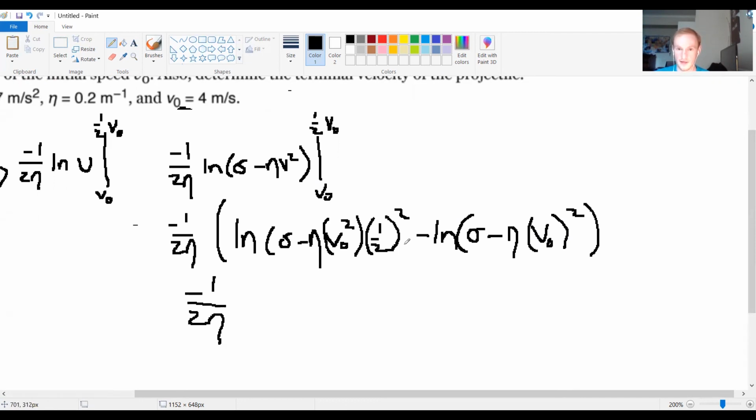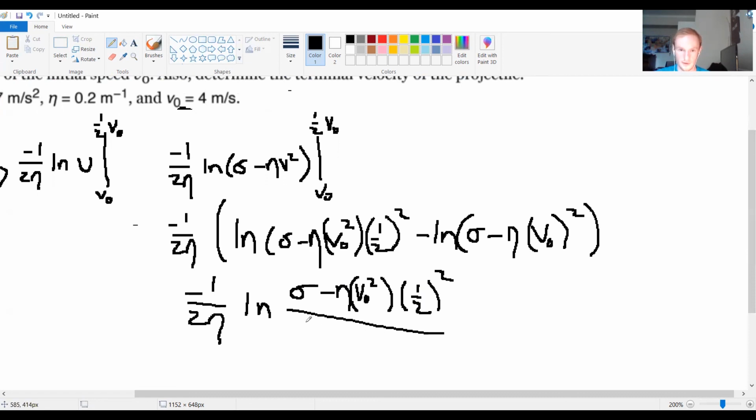And when you subtract two logarithms with the same base, you can take one logarithm with the first one in the numerator and the second one in the denominator.